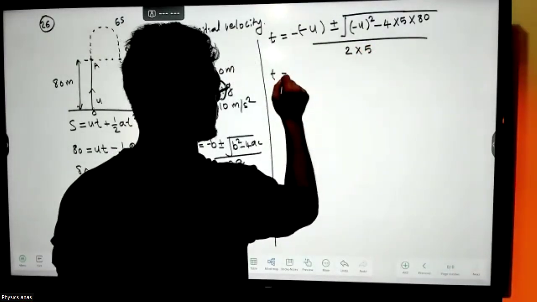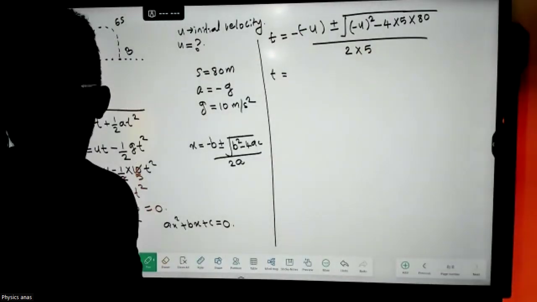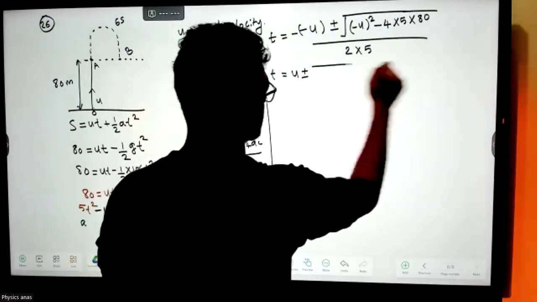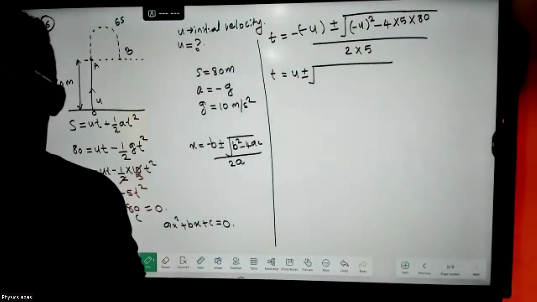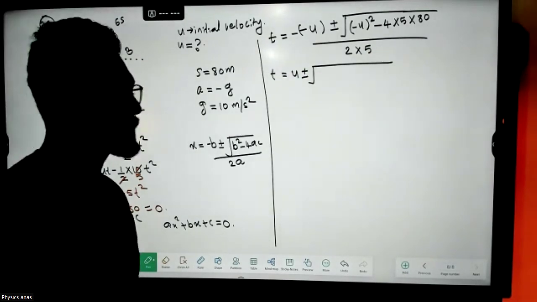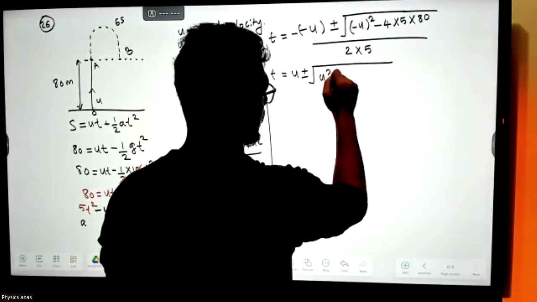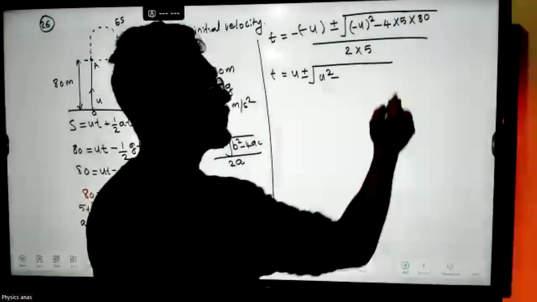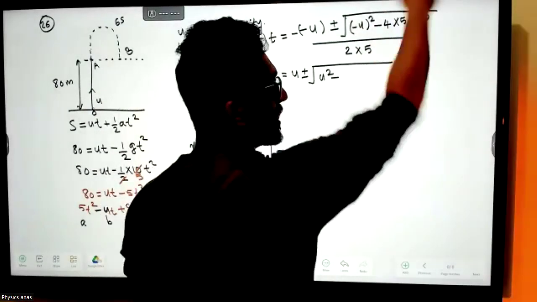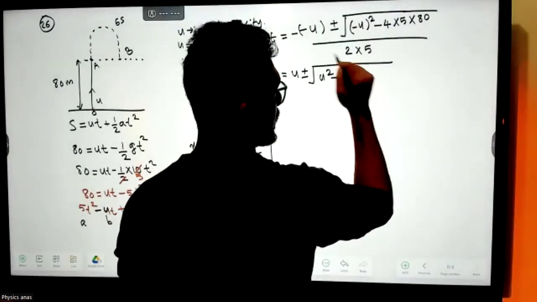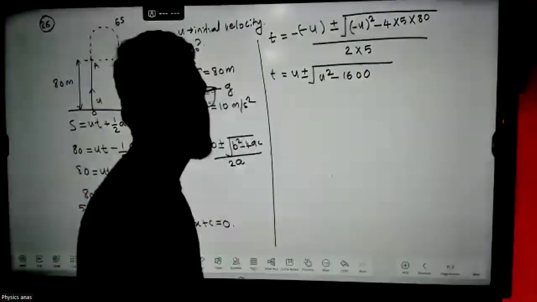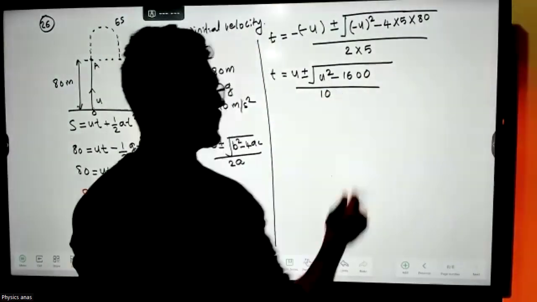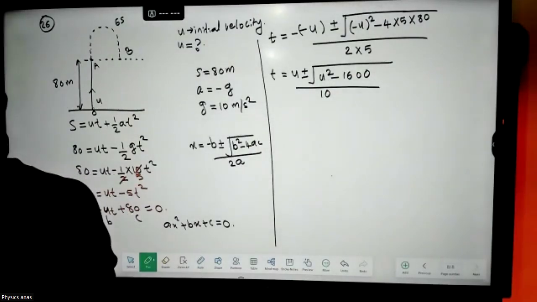Then what is t? t is minus of minus, plus u. u plus or minus root of u square minus 4 into 5 into 80. 4 into 5 is 20, 20 into 80 is 1600. Divided by 2 into 5, 10. So this is the value of t.